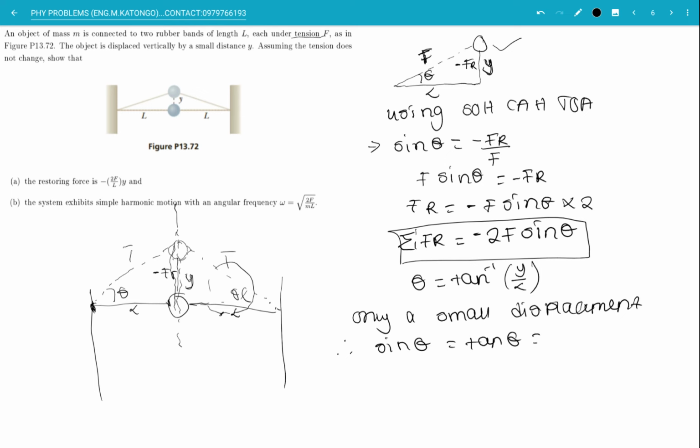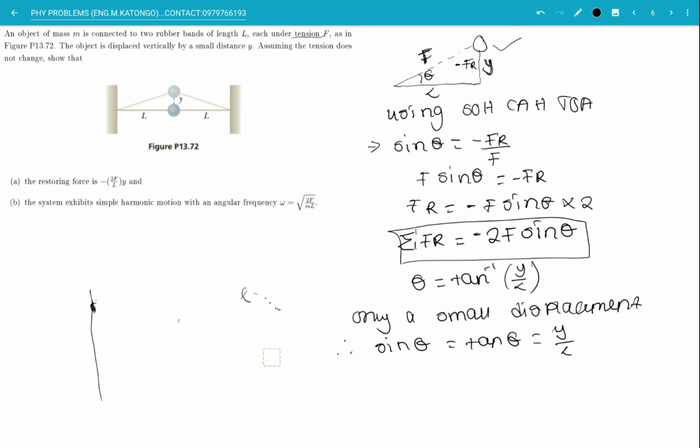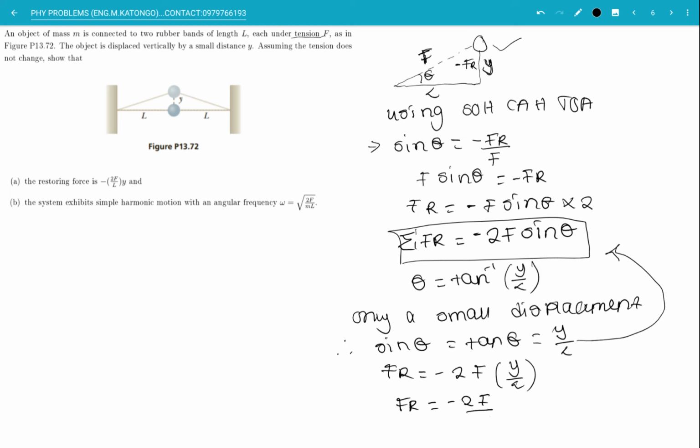And if we have our tan theta, we'll have it as our y over our L. Now, substituting this in our equation, we'll have the FR force, which is equal to negative 2F, which is the tension, sine theta being equal to y over L. And finally, our restoring force FR being equal to negative 2F over our L multiplied by y. So hence proven.